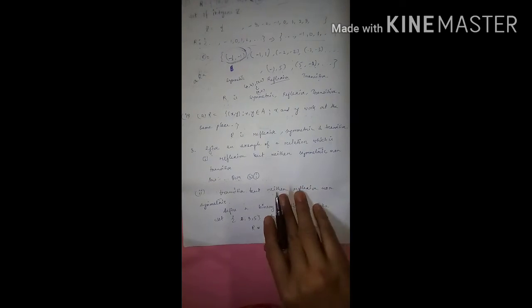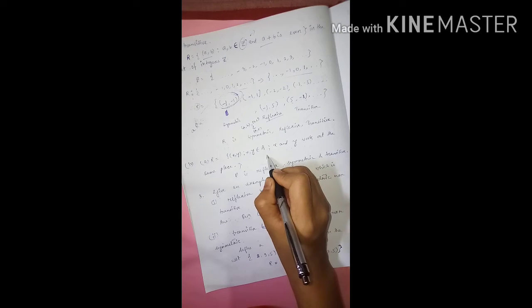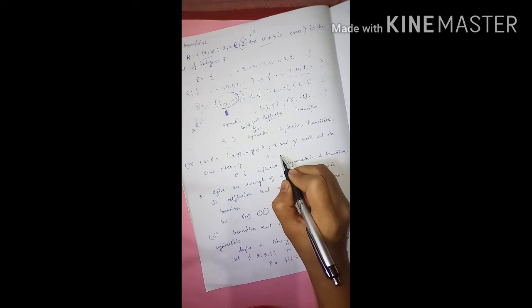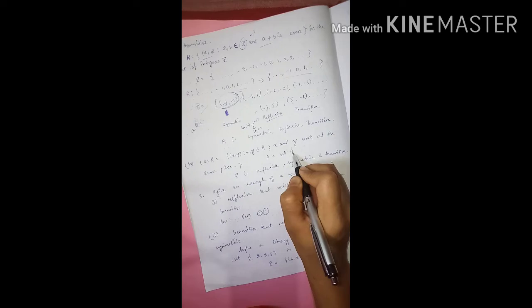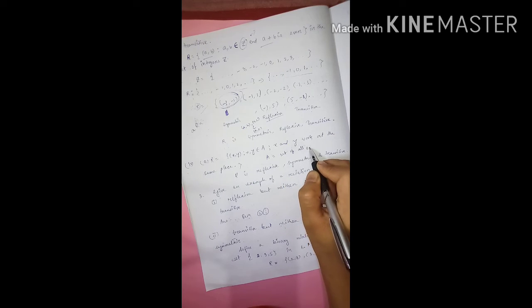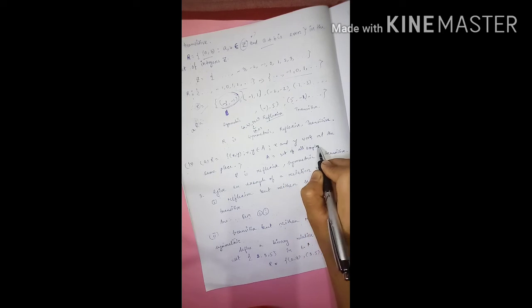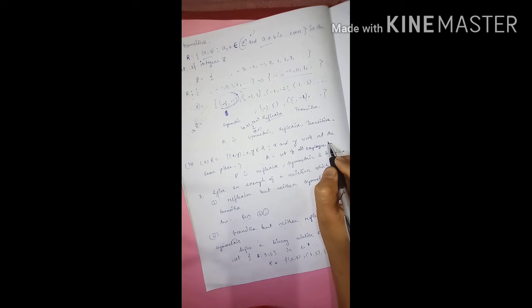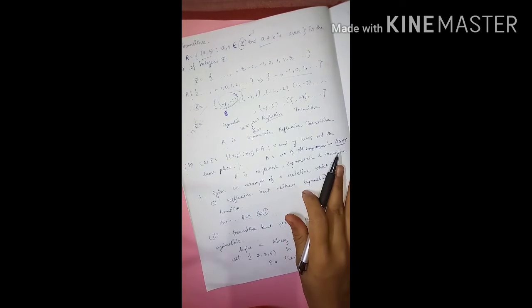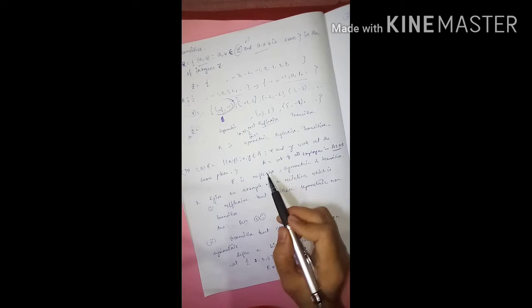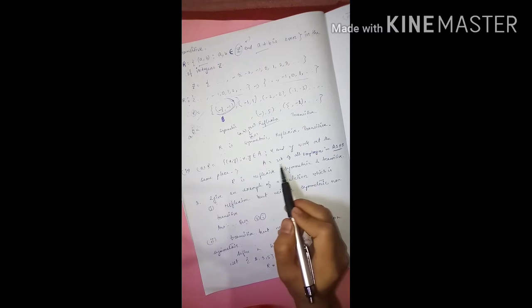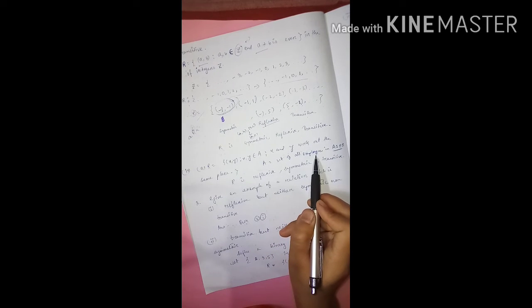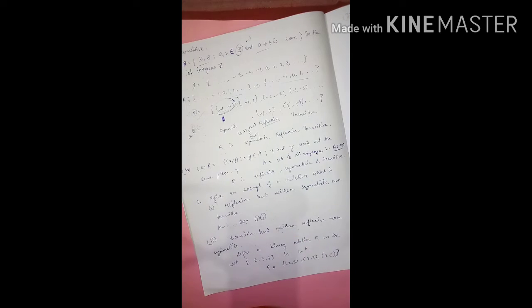Sorry, let's say A is the set of all employees in ASEB. I have not mentioned it, but I am writing it now. Here the set A is the set of all employees in ASEB, right?